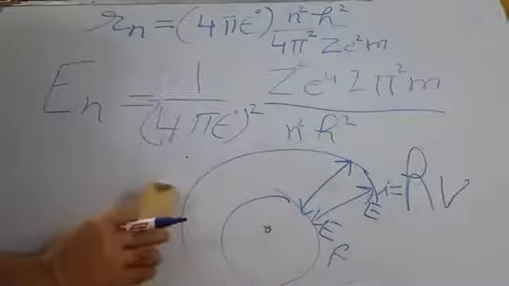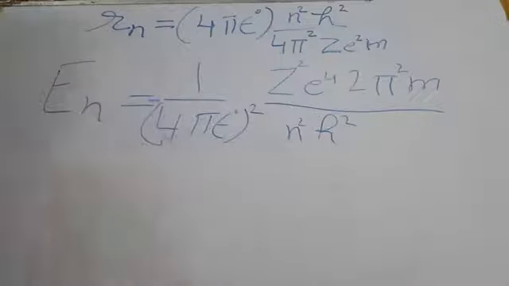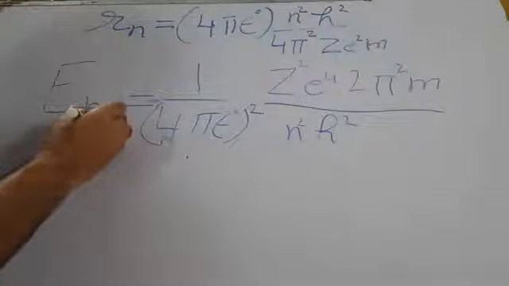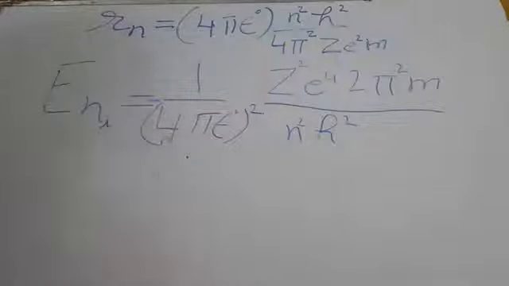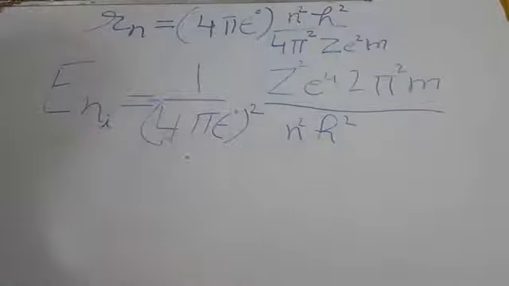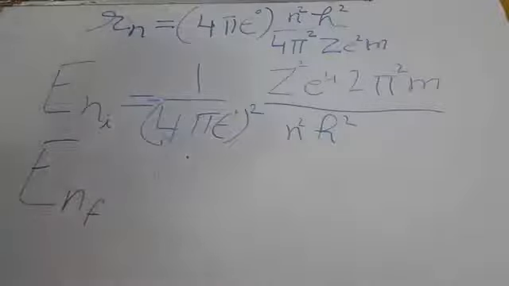Therefore, we can see this is the delta E, which is equal to h nu. Suppose this is the energy of the initial orbit, and this is the energy of the final orbit.